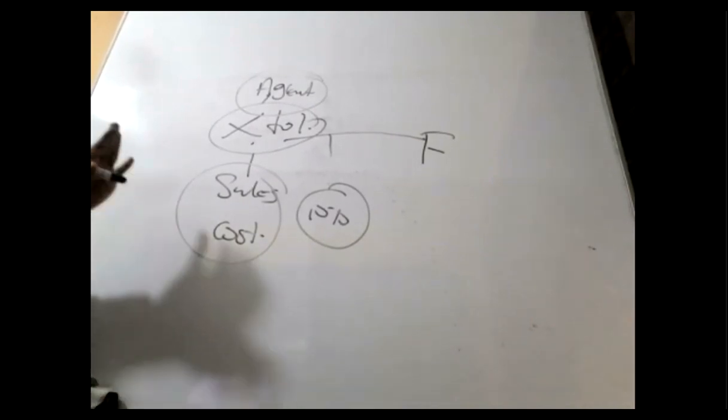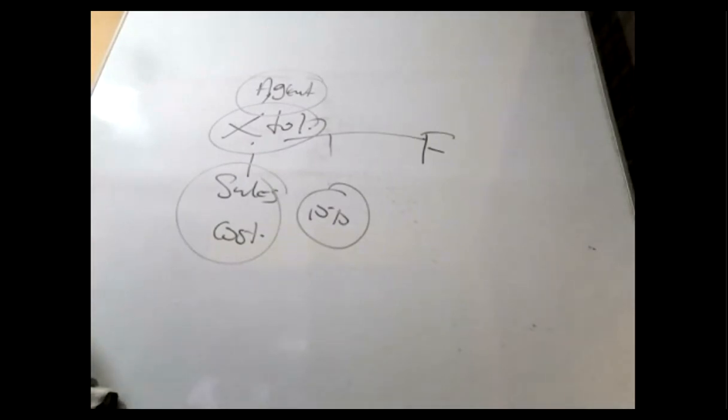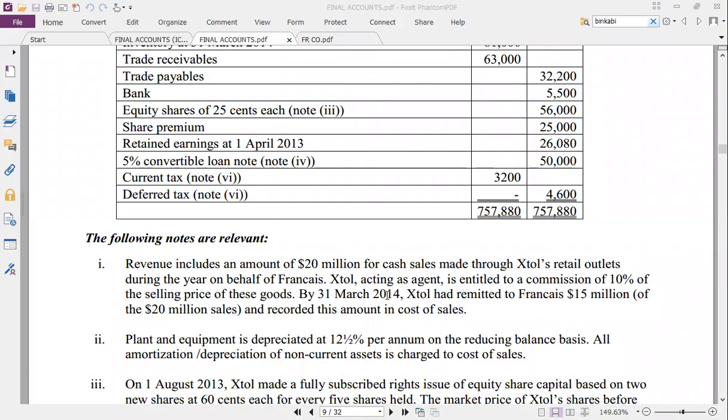So anytime there's agent sales, tell the examiner that the only amount that the agent can record in his books as revenue is what? To the tune of his commission. That is all. Now, the revenue includes an amount of 20 million, so the entire payment is in the revenue.